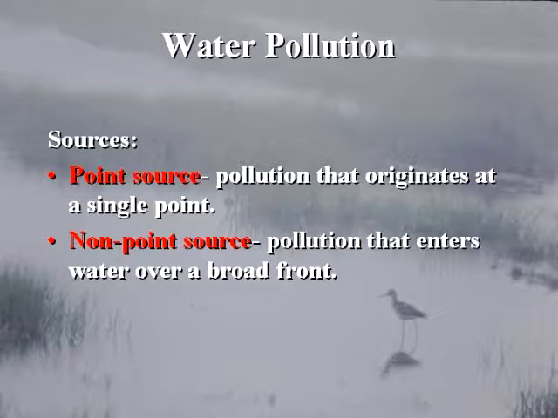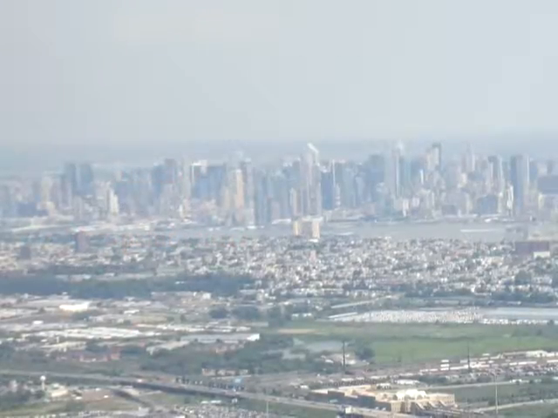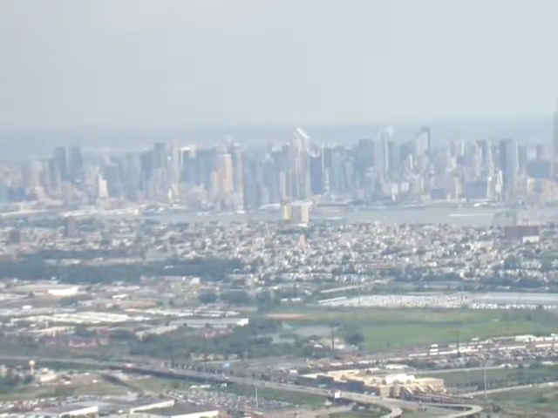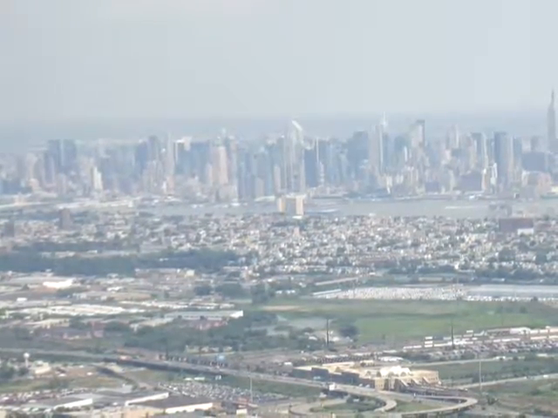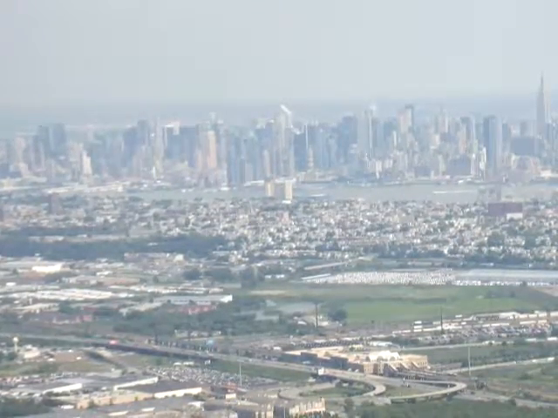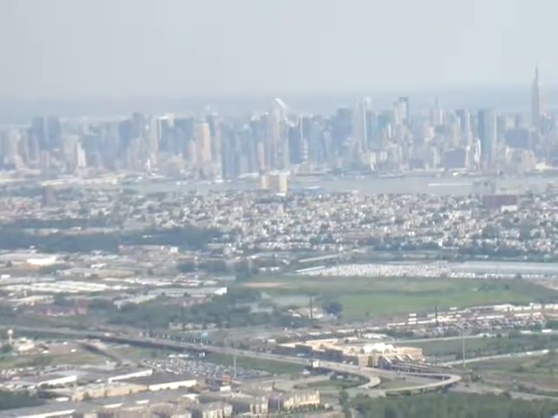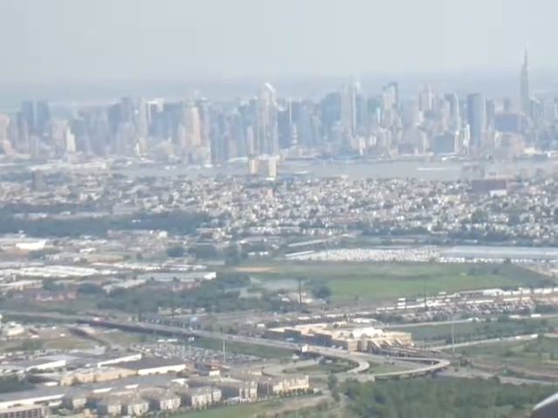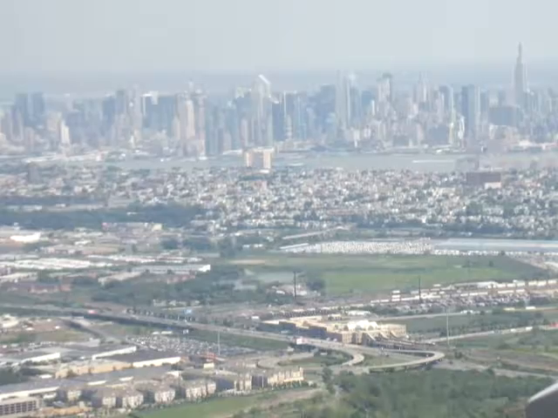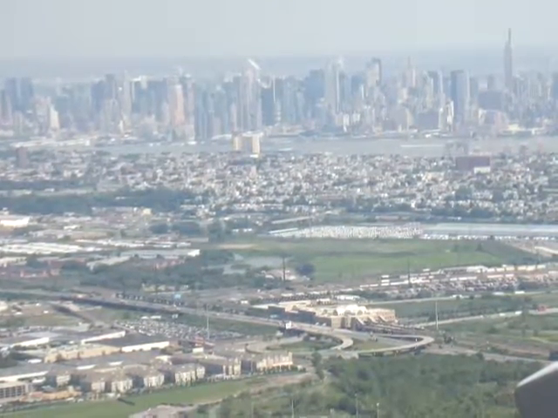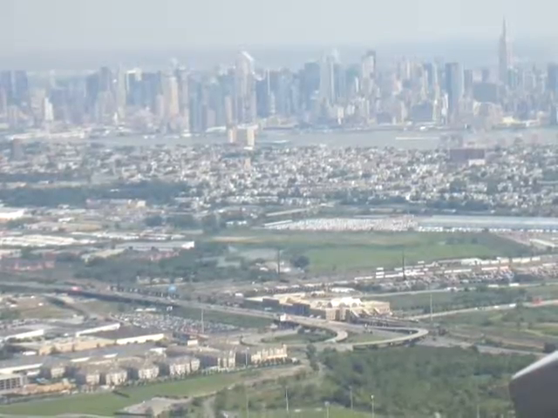Let's take a look at some examples. As we look down on this aerial view of the New York City area, we are looking upon a whole host of different sorts of water pollution sources, from point sources coming out of some of those factories in the foreground to non-point sources like all those high-rise buildings in the background.